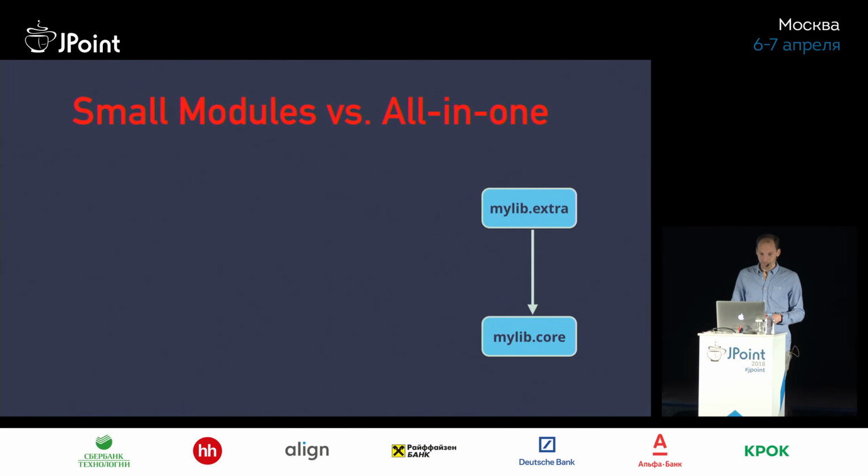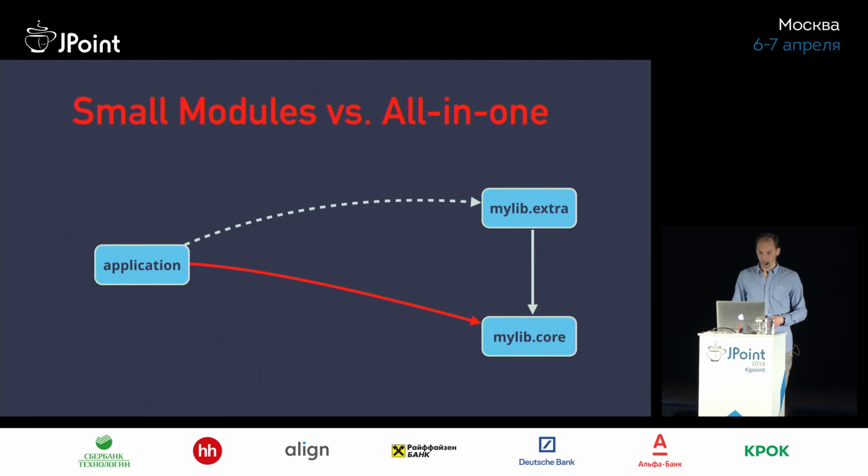At the same time, you can also use this pattern in a similar but slightly different way, where you say, okay, I'm not going to create a single empty aggregator module, but I can chop up my application or my library into some core functionality and into some extra functionality which builds on top of this core.